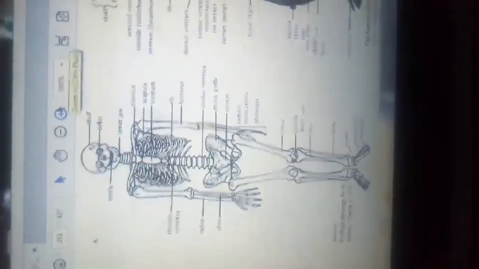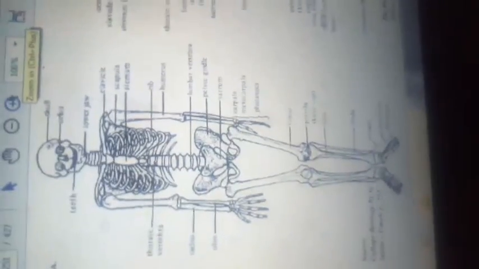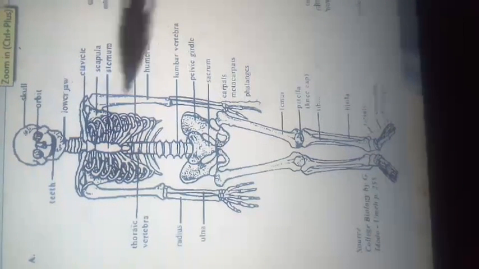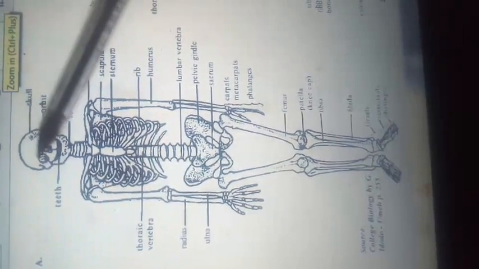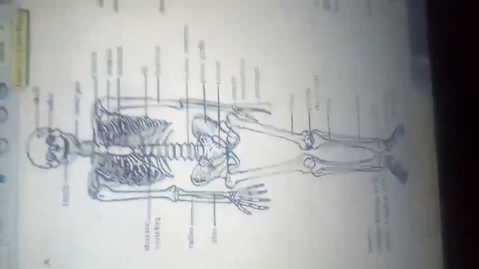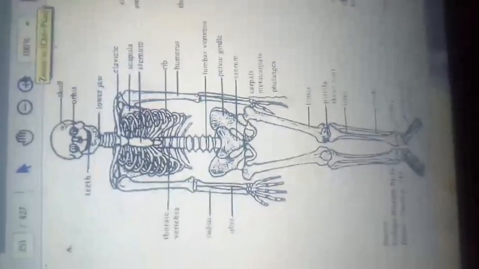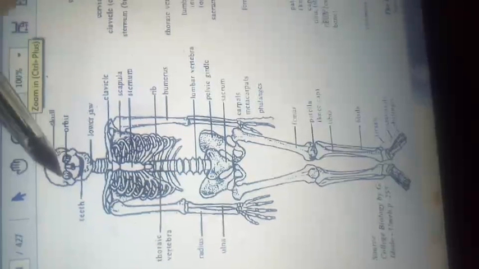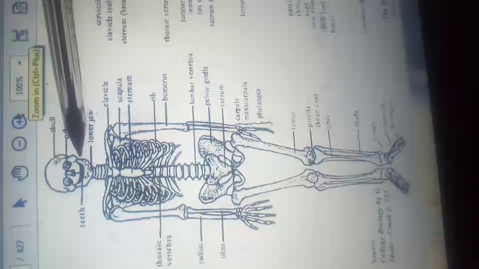Now let's explore the bony structure. Focusing on the diagram you're seeing in front of you, just focus on it. Good. Now, look at this. This is the skull, as you can see. This space in the eye region is called the orbit, and of course, this is the lower jaw.